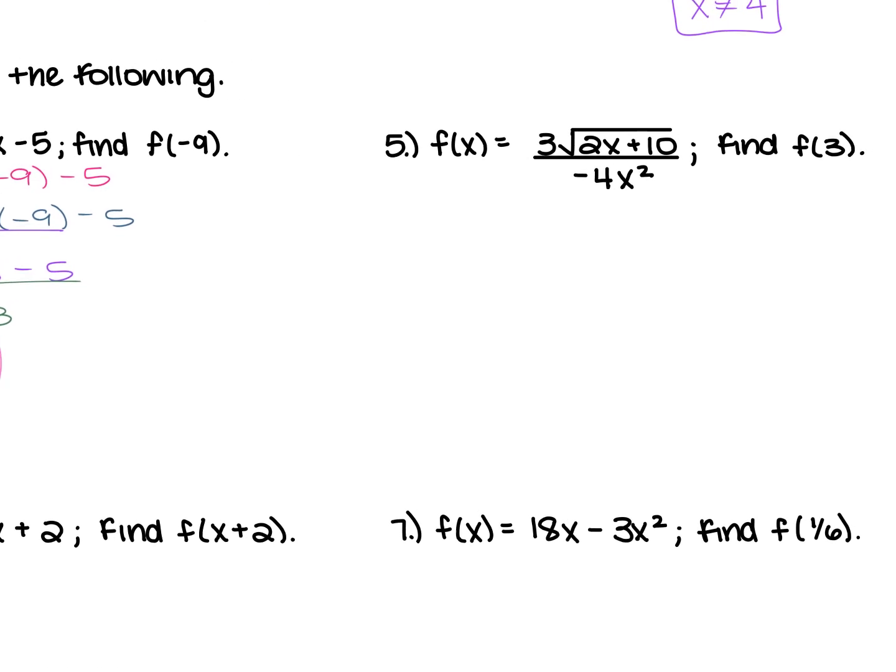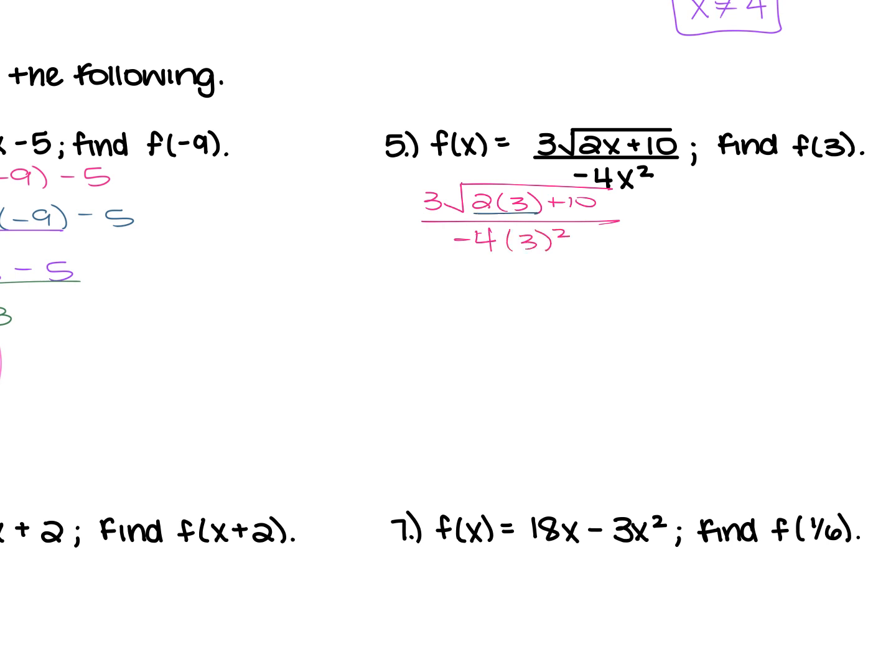For number 5, we have f of x is equal to 3 times the square root of 2x plus 10 all over -4x squared. We're finding f of 3. So anywhere we see an x, we're just going to plug the 3 in for it. So that's going to give us 3 times the square root of 2 times 3 plus 10 all over -4 times 3 squared.